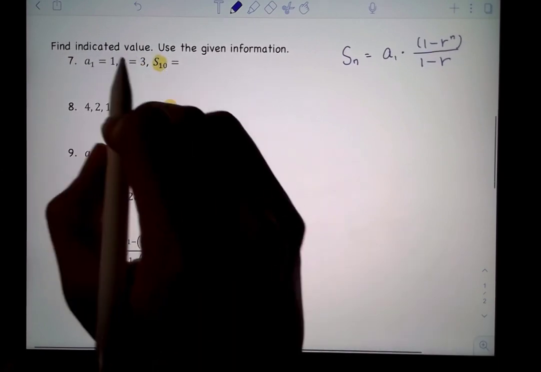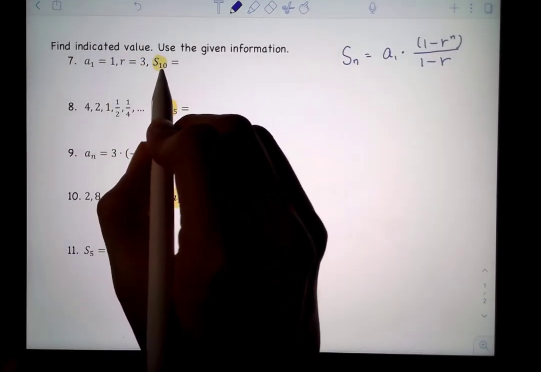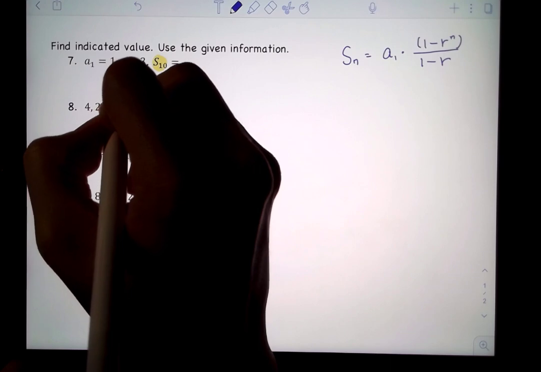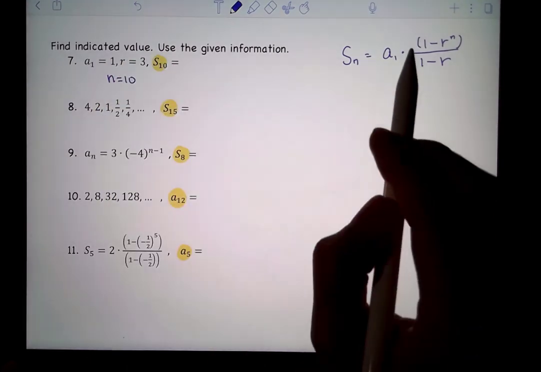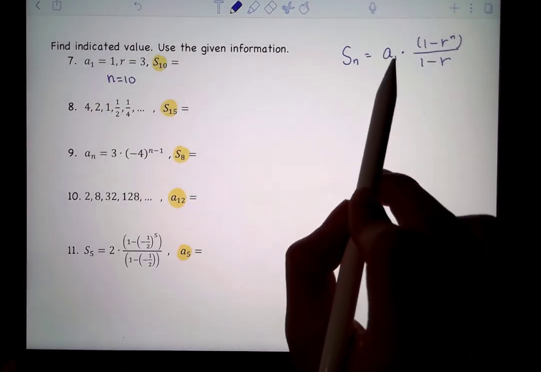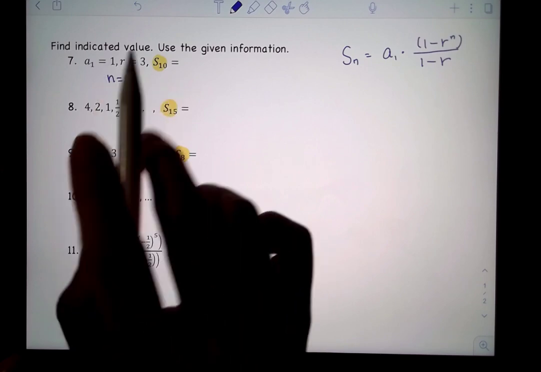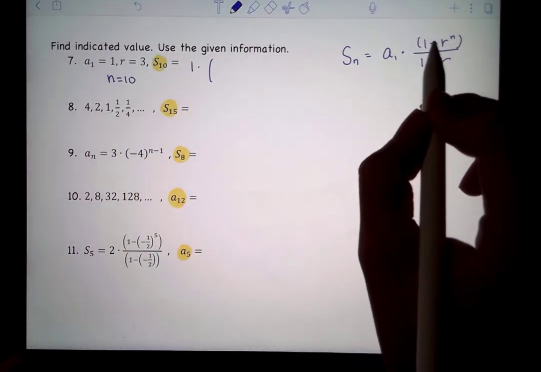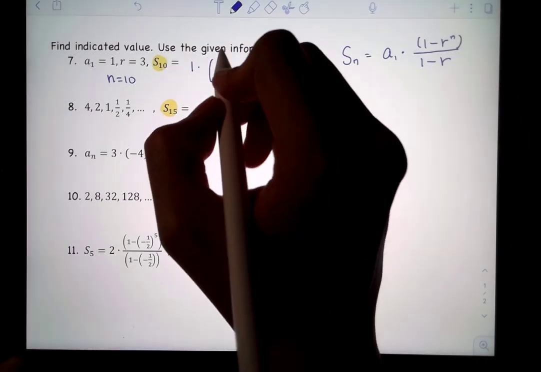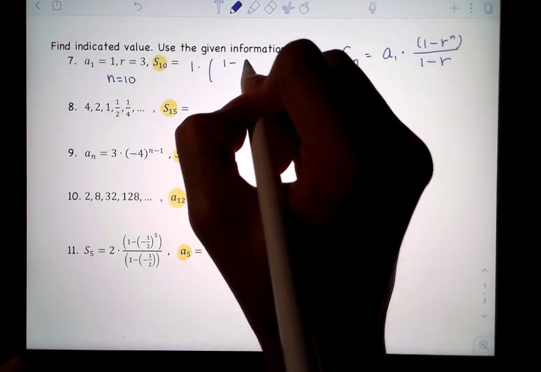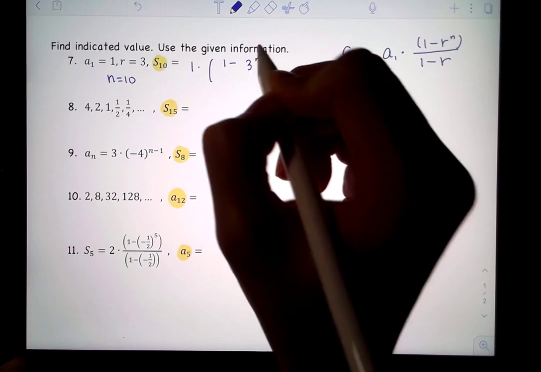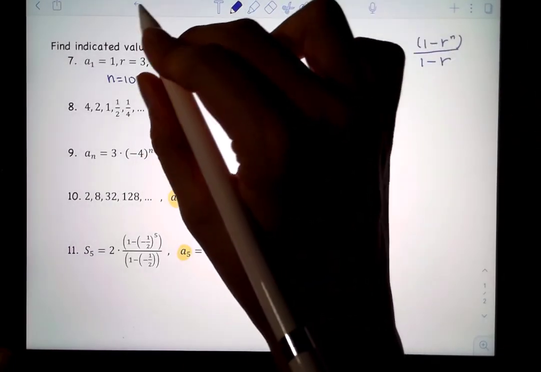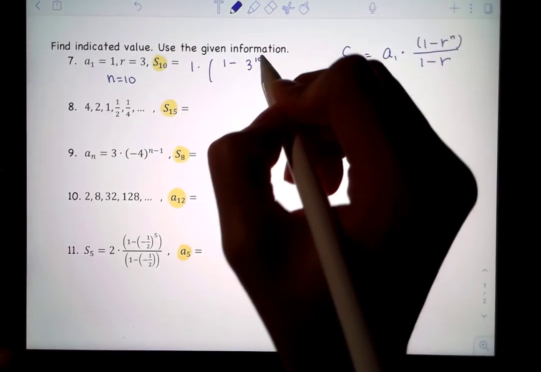So number 7, I want to get S10. Then my n equals 10, right? So you just substitute the numbers. A1, what's your A1? That's 1 times 1 minus r to the n power, but we know n is 10, right?